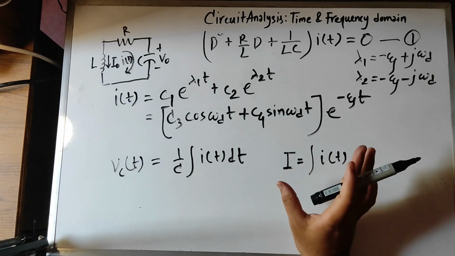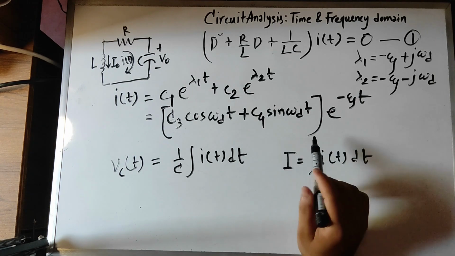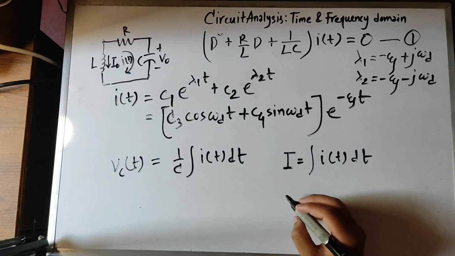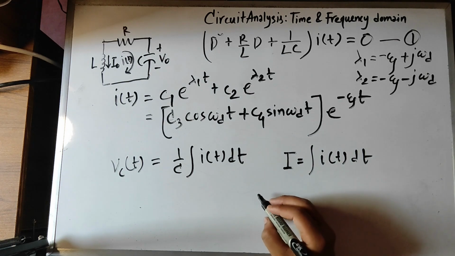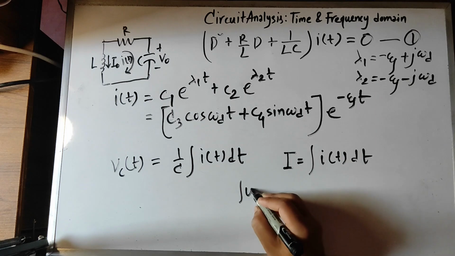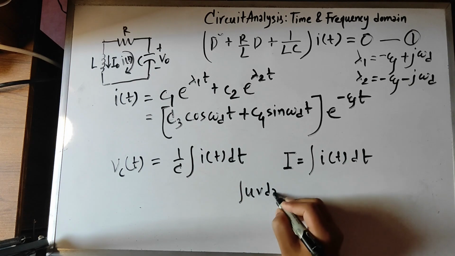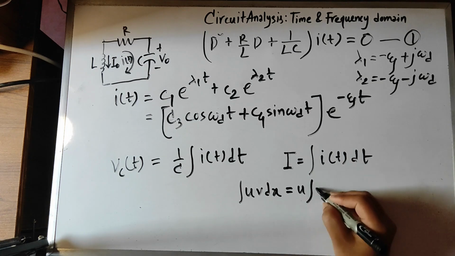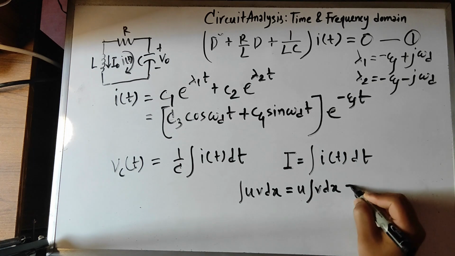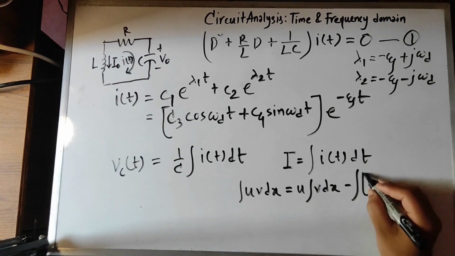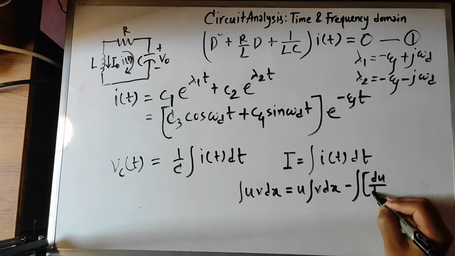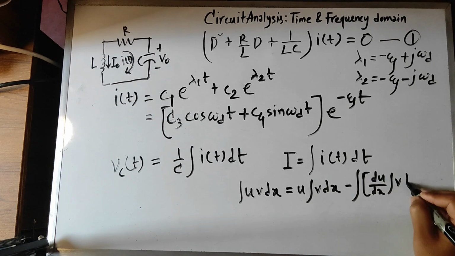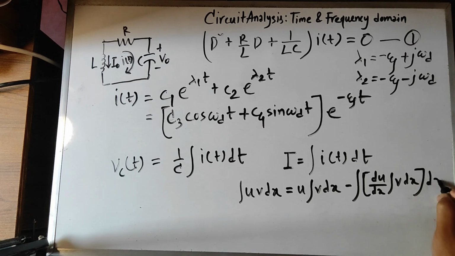If we observe this, we have to use the integration of u v dx. The formula for this is u v dx minus the integral of du by dx times the integral of v dx, dx.